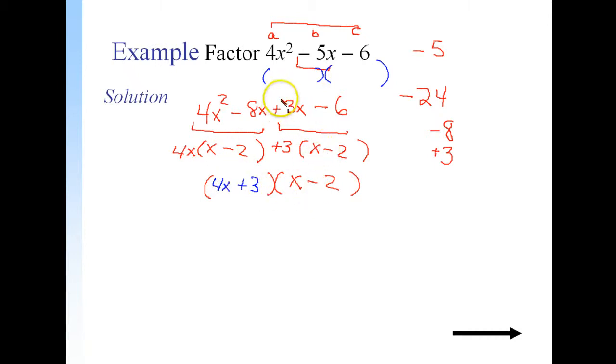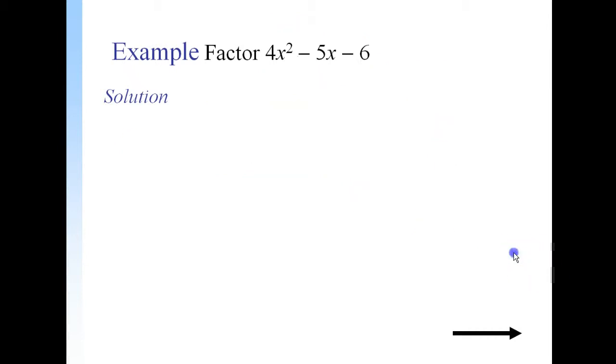Notice this is kind of teasing apart that middle term, but here you get to know what you're going to put there, because this could have been a 2 and a 2, a 3 and a 2, a 3 and a lot of different combinations. So this is a very useful method, but it takes practice to master it.